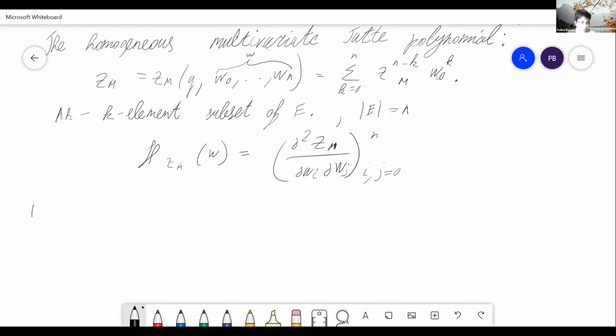In fact, what we want to prove, and what will give us the desired result, is that the Hessian has only one positive eigenvalue.